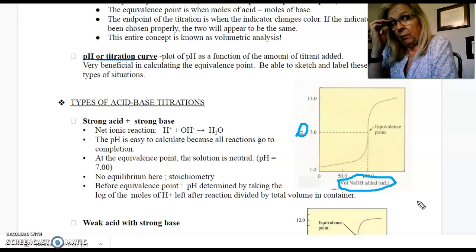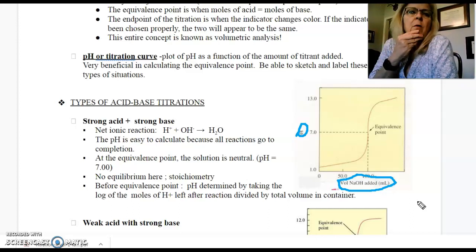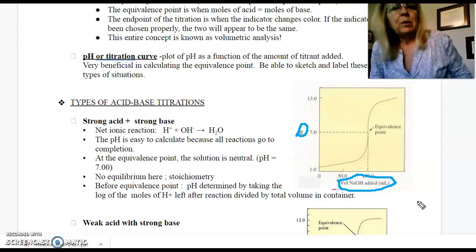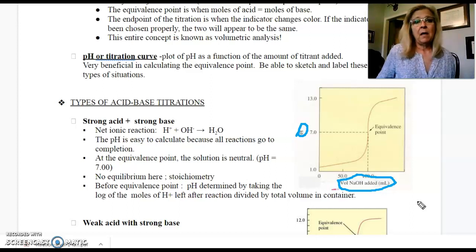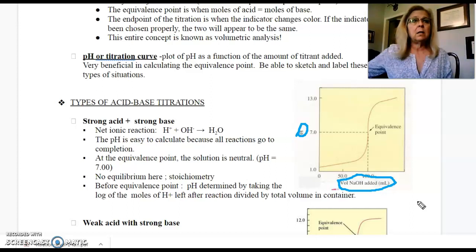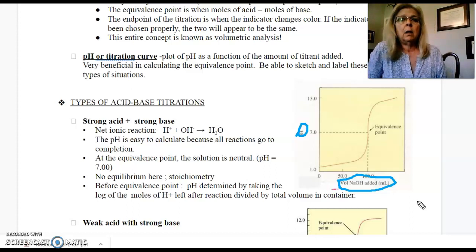Okay. As we've learned already, the net ionic reaction is hydrogen ions plus hydroxide ions yields water. We are going to keep in mind that when we have a strong acid with a strong base, what we really have is no equilibrium happening. Instead, what we have is easy pH to calculate.